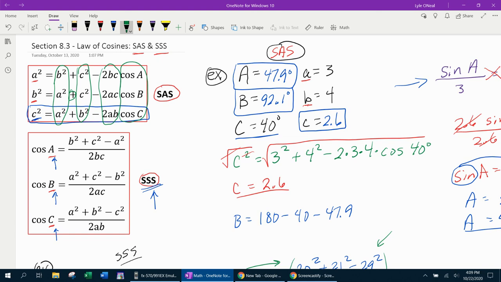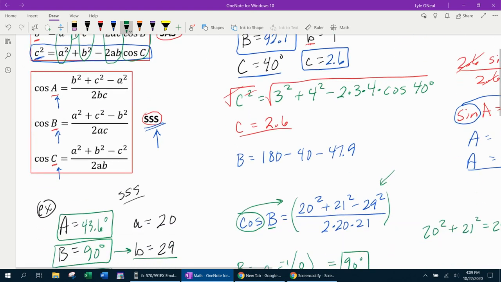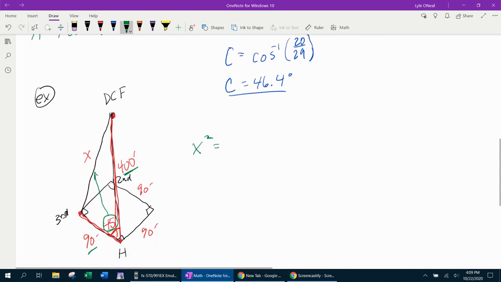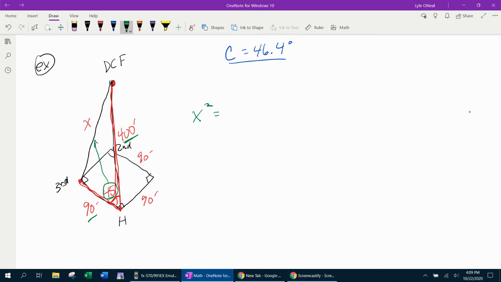Do you see that? It's a generic setup. So what I can do is just say 90 squared plus 400 squared. That's the two sides squared and added, minus 2 times the two sides times the cosine of the angle that is across from the side that I'm looking for. And that's how we can set this up and solve.